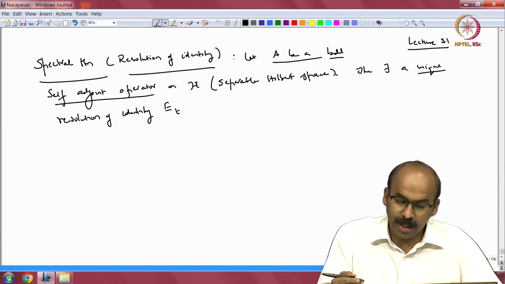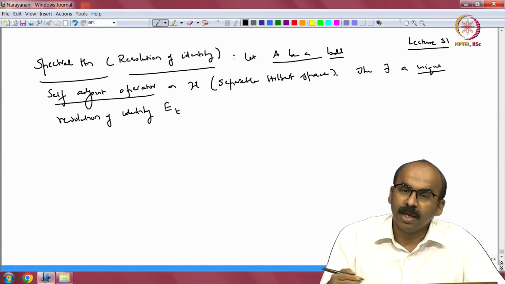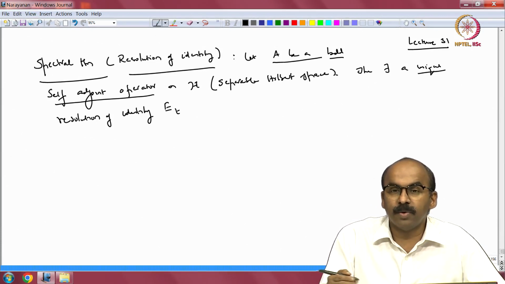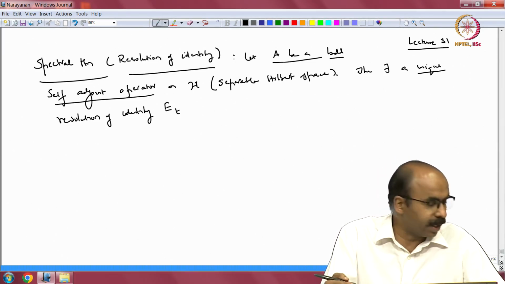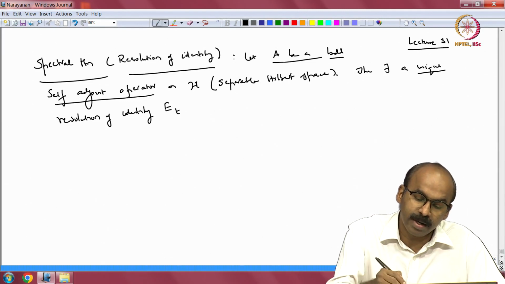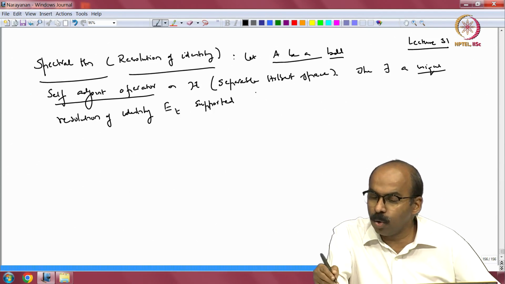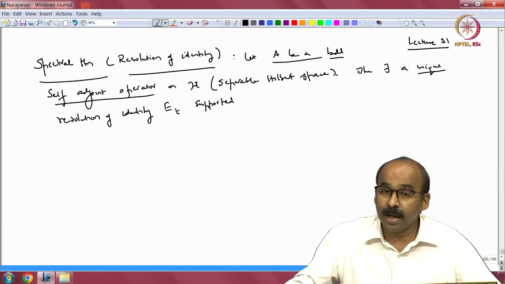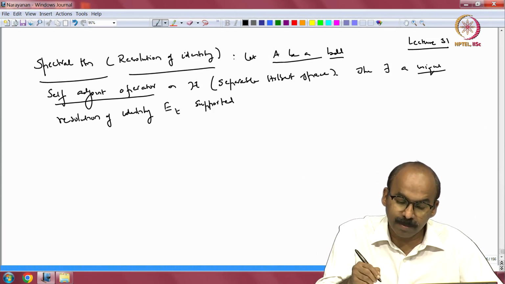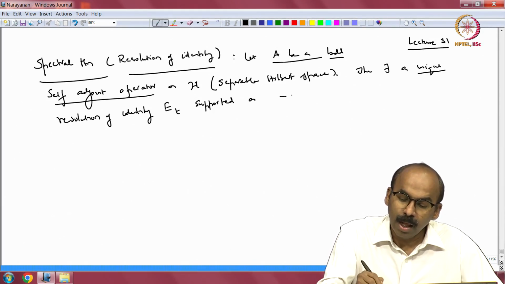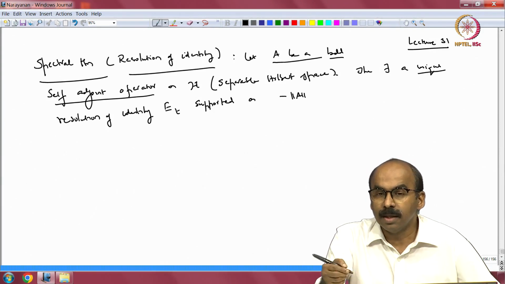So, there is a unique resolution of identity supported on the spectrum actually, but since we were doing things on an interval minus r to r, we will simply say that it is supported on an interval of that kind. Uniqueness is something you already know, I may not stress too much on that. Once you have various tools, you can always prove uniqueness. So, resolution of identity E sub t supported on minus norm A to norm A. Remember A is self adjoint, so the spectrum is contained in the real line.